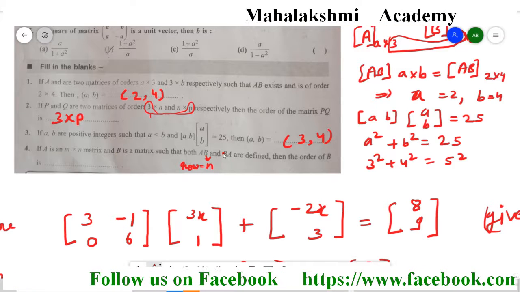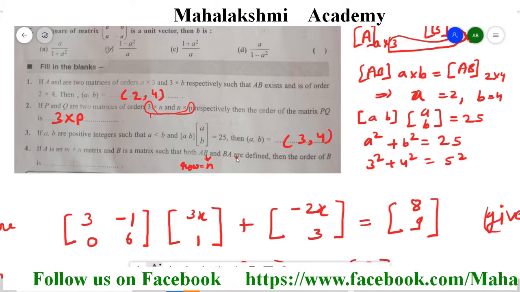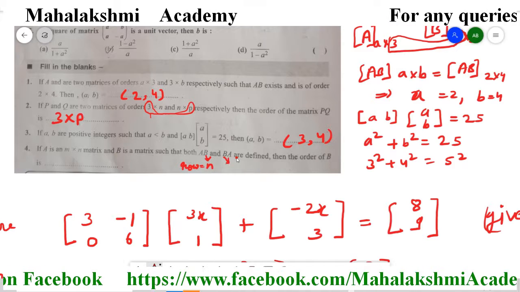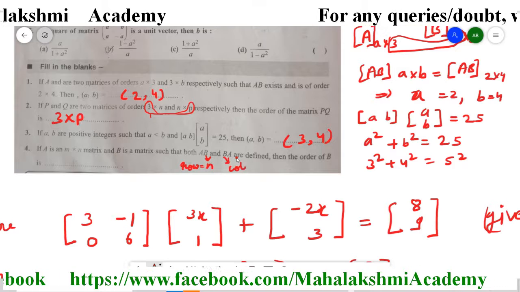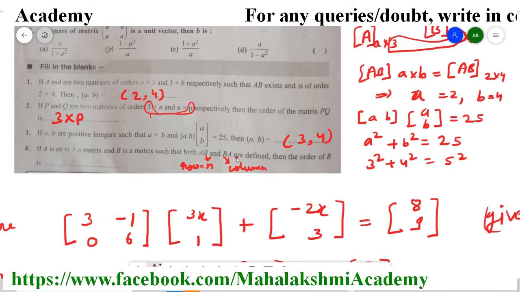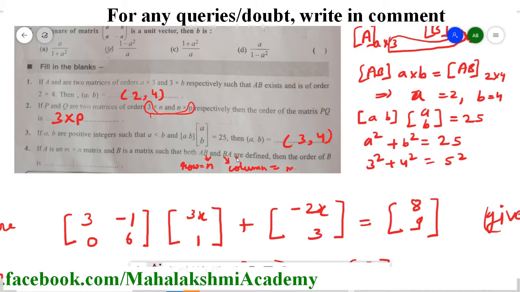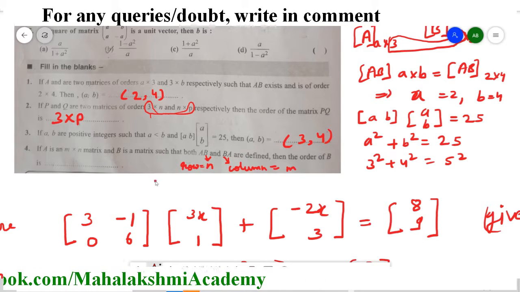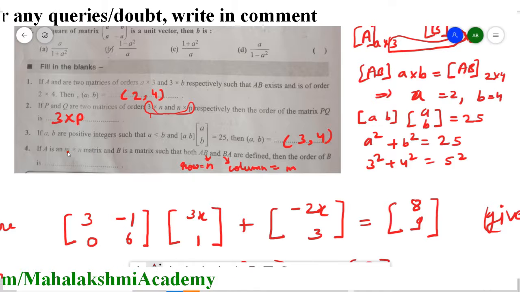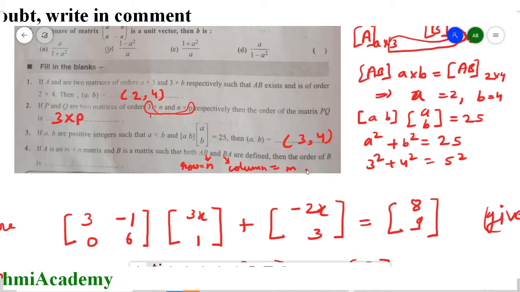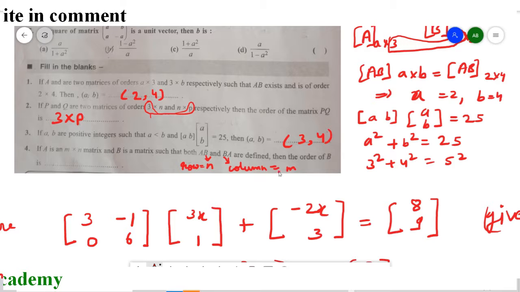First matrix column is equal to second matrix row. So B's column is equal to A's row. A's row is M. You see here A's row is M. So B's column is M.